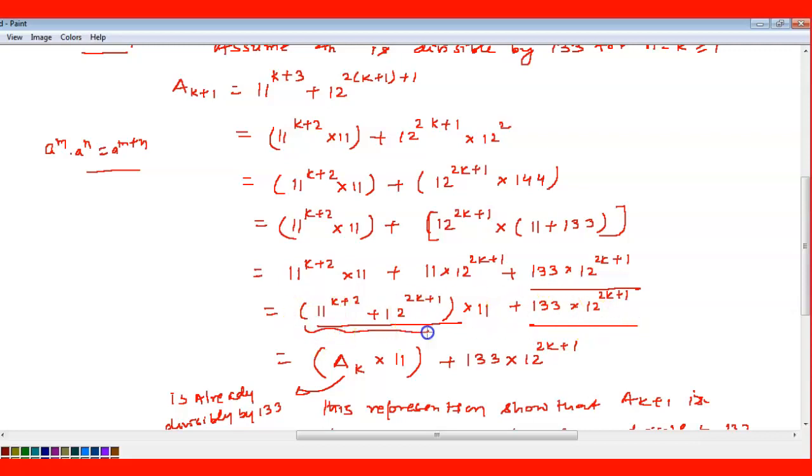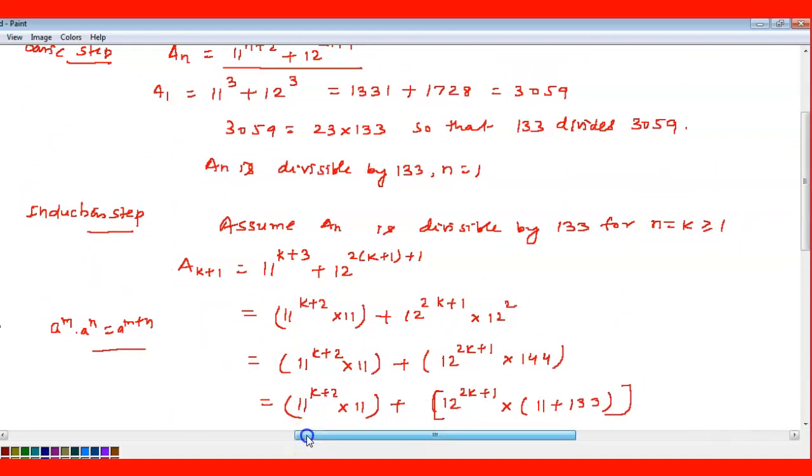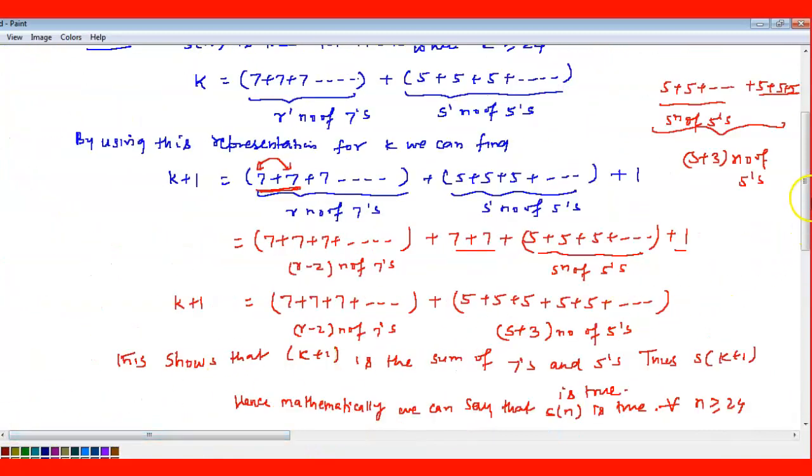Only when a_k is divisible by 133 will a_(k+1) be divisible by 133. So 133 times 11 is also divisible by 133, and this is also a multiple of 133, so the whole a_(k+1) is also divisible by 133. This is how we prove it using mathematical induction.